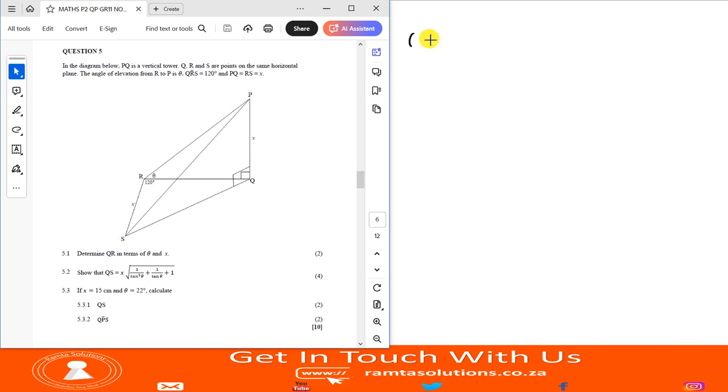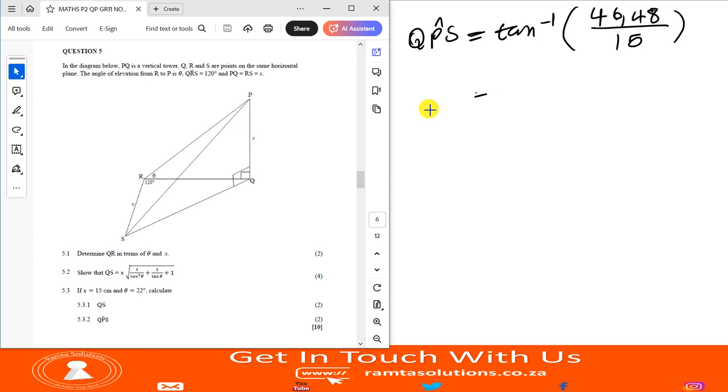I will simply say angle QPS is tan inverse of 46.48 over 15, and then get my answer.